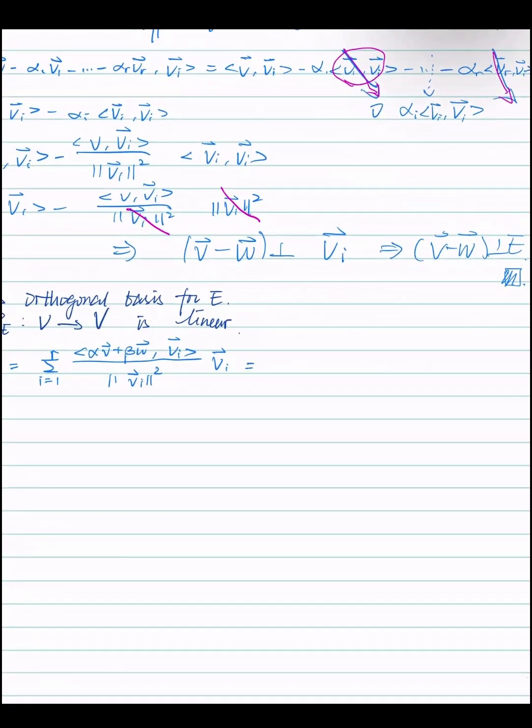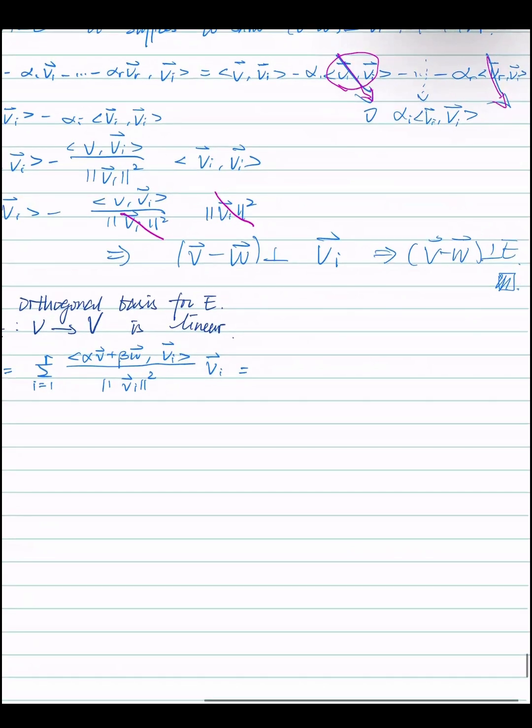And now, by linearity of the inner product, we can take the alpha v and beta w out. So it'll be alpha v vi over the norm of vi, from 1 to r, plus beta w vi.